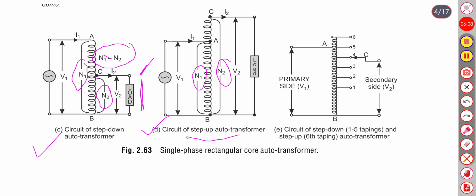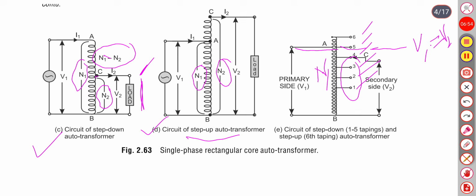And here the third figure shows that the number of turns for the primary winding is N1, but the number of turns for the secondary winding may be less than N1, and it may be taken as tapings from 1, 2, 3, 4, 5 and 6. So up to the fifth terminal N1 will be equal to N2. In that case the voltage will be the same in primary and secondary, V1 equals V2.